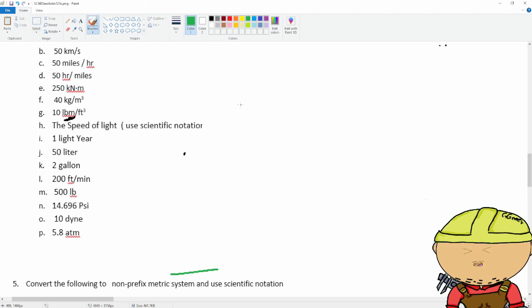Okay, dyne. So dyne is the unit for force in CGS, the counterpart of Newton, okay? First off, 1 dyne, sorry, 10 to the fifth dyne is 1 Newton.